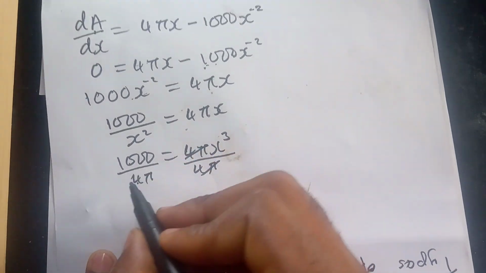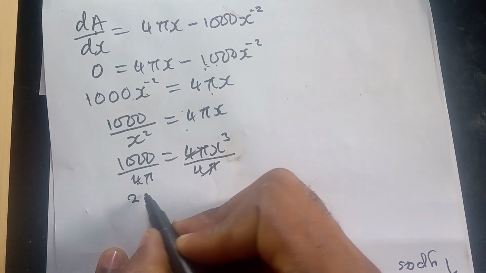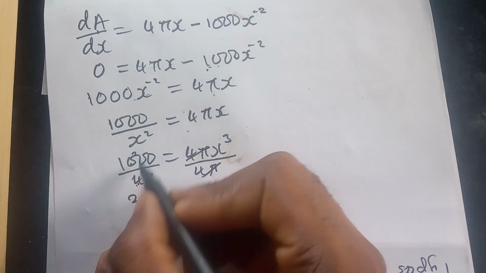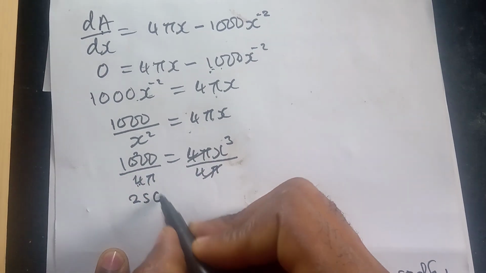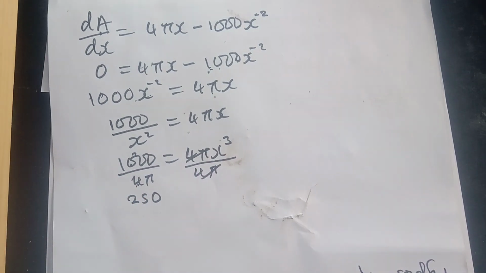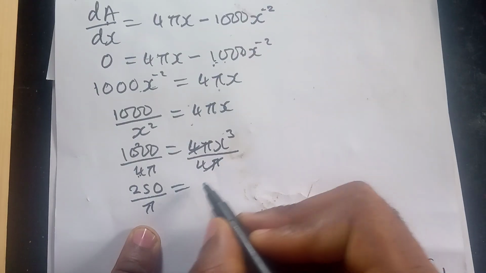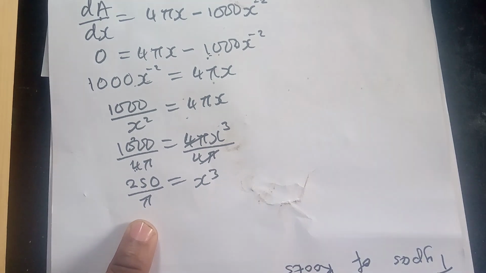So 4 into this will be 2, 4 into that is 2, 4 into that is 5. So that's 250 over pi, which is equal to x cubed.